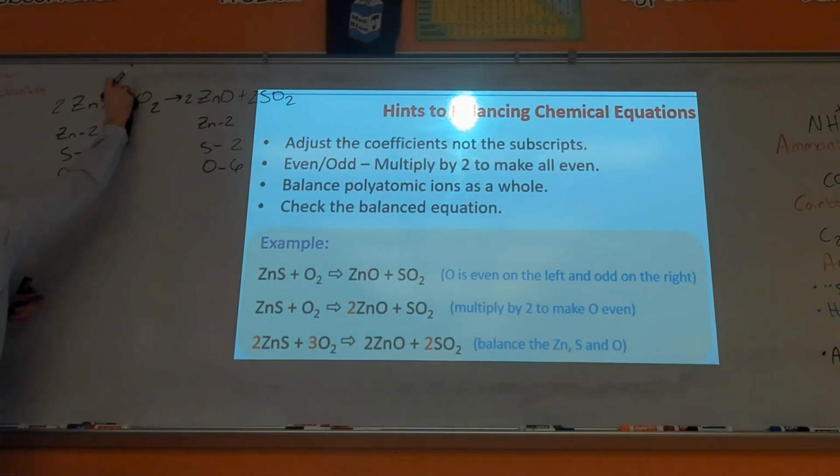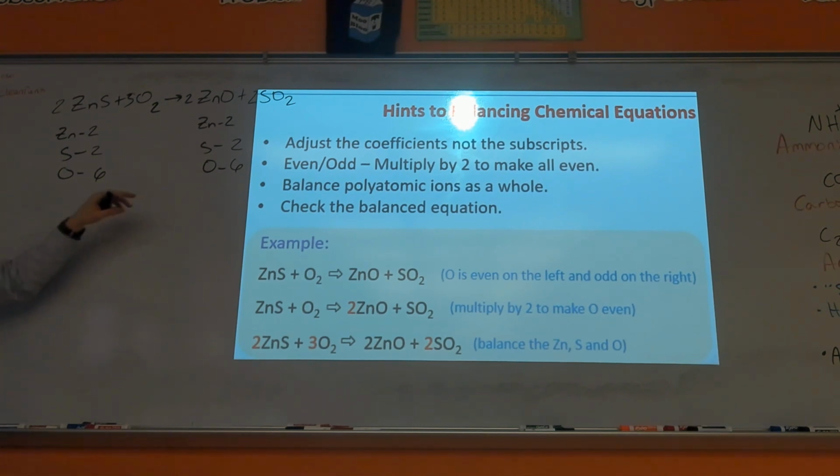So then I would need to multiply this by 3 to get us to 6. I don't know if I went a little too fast there. The idea is you have to keep adjusting the amounts until they get balanced.